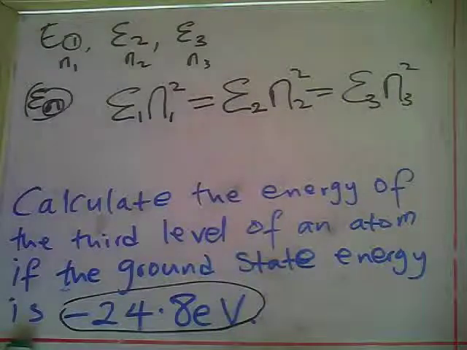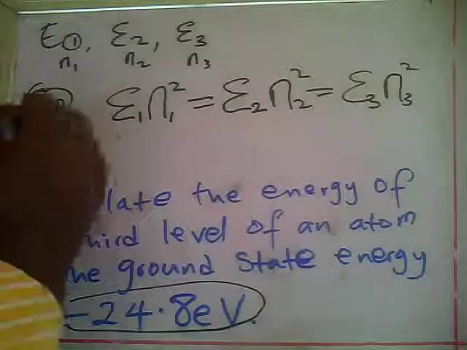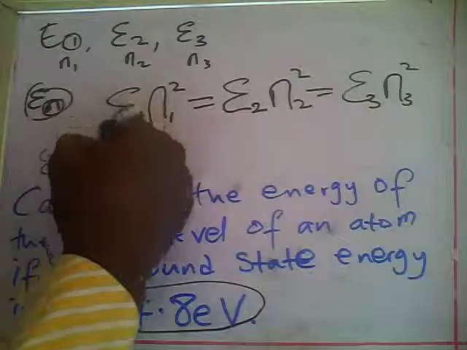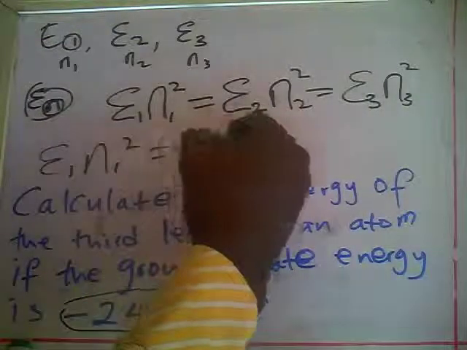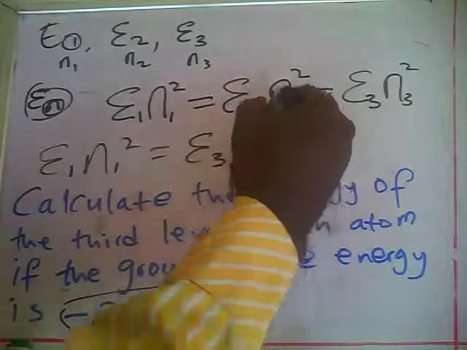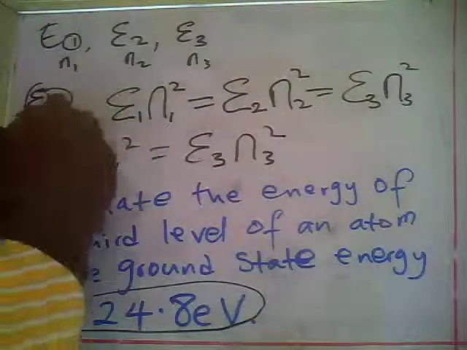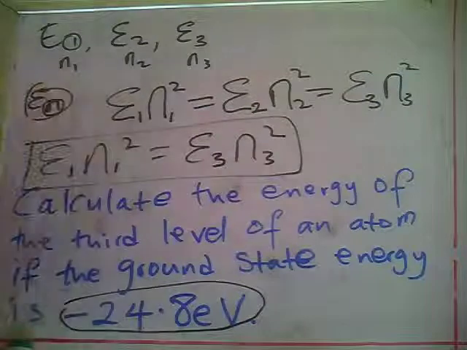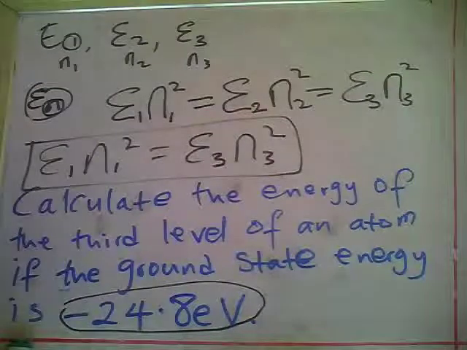So that is the formula. From that, we can easily say that E1 N1 squared equals E3 N3 squared. If we have that formula, we can use it to answer the question.